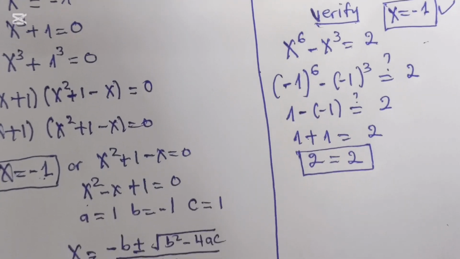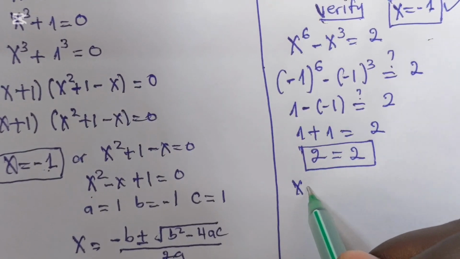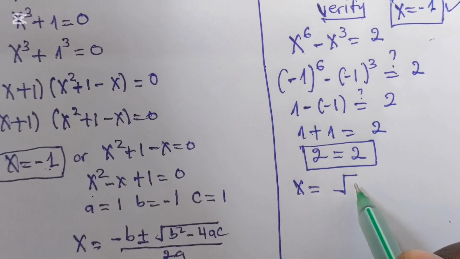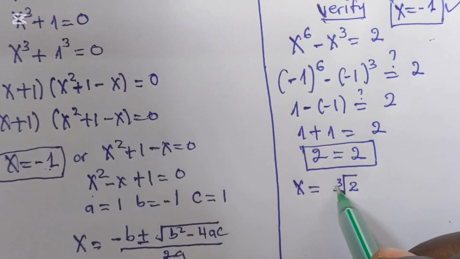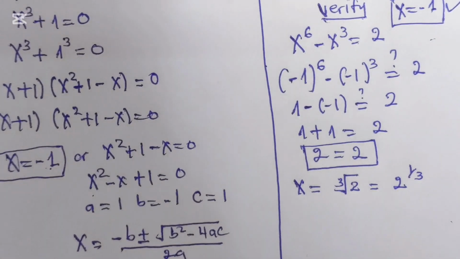Now we can verify where x is equal to cubic root of 2, whereas this is equal to 2 to the power of 1 over 3. Don't forget this one.